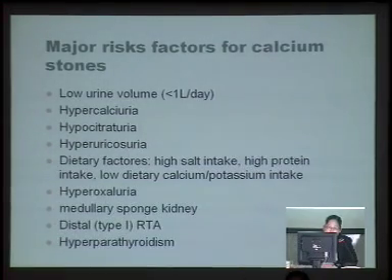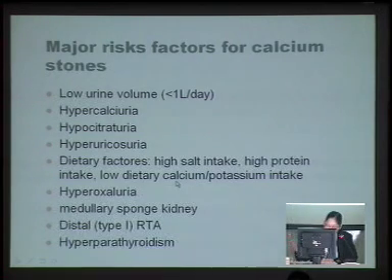Multiple studies show that calcium supplement in pill form increases the risk of stone. So do not recommend calcium pills, but take it in dietary form. That would lower the risk.